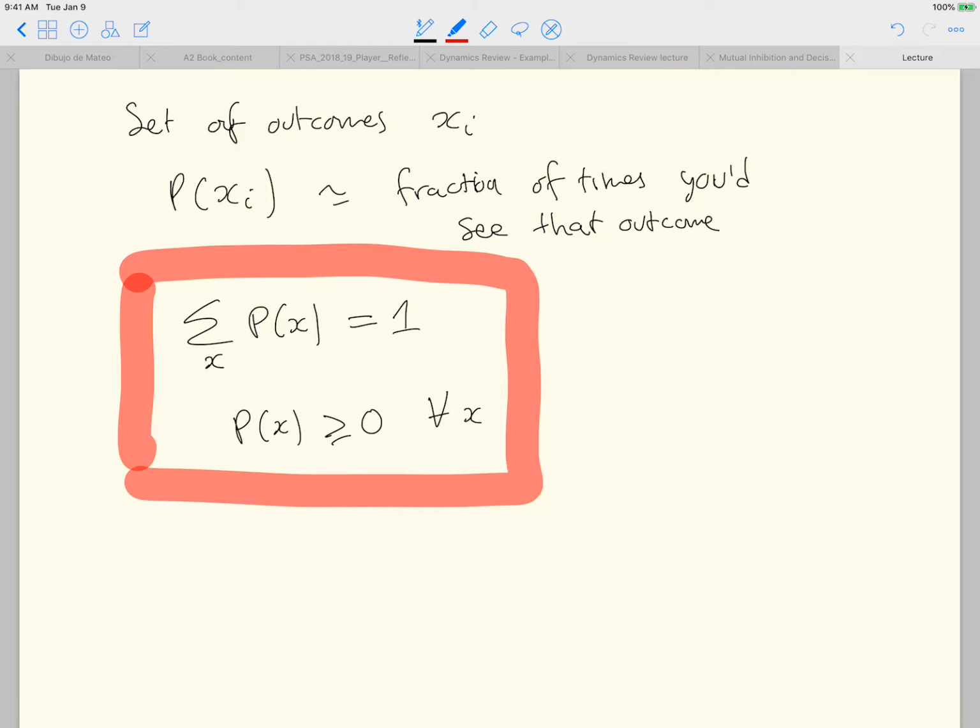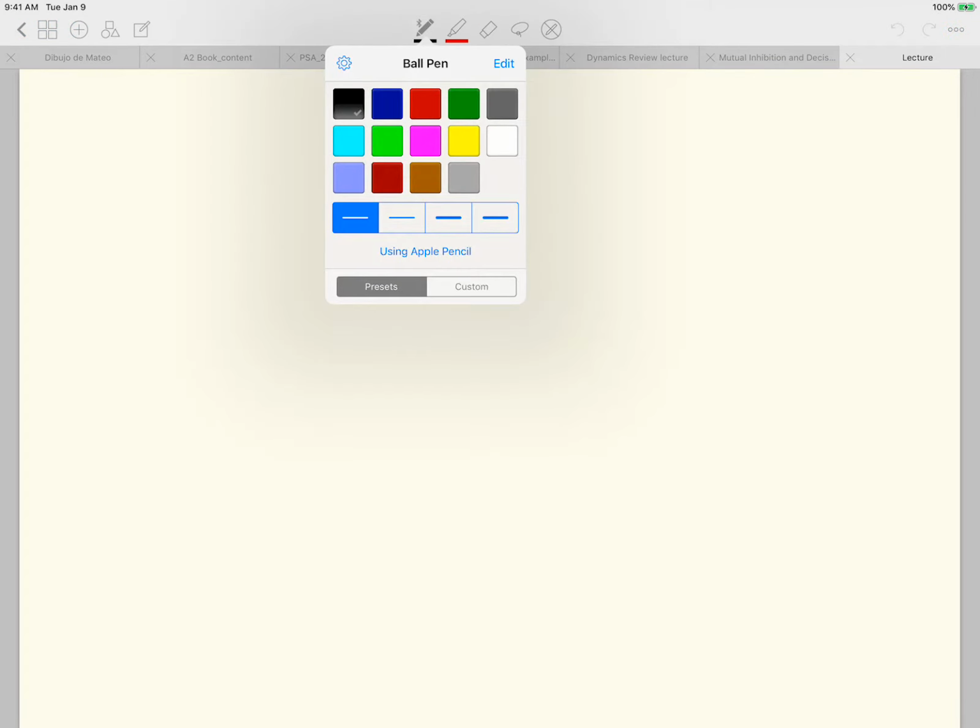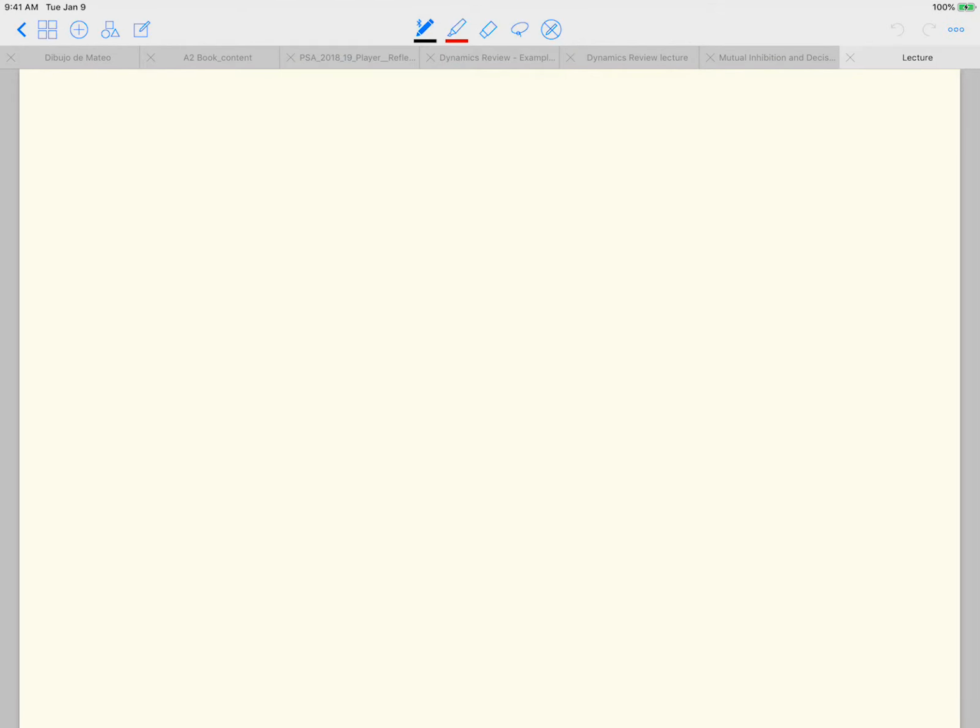Now let's suppose that on each trial of an experiment, instead of having one thing that can happen, you have two things that can happen. So let's say you're going to have two outcomes on each trial.